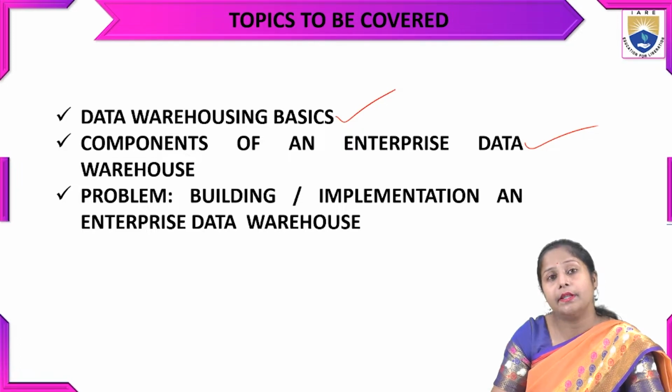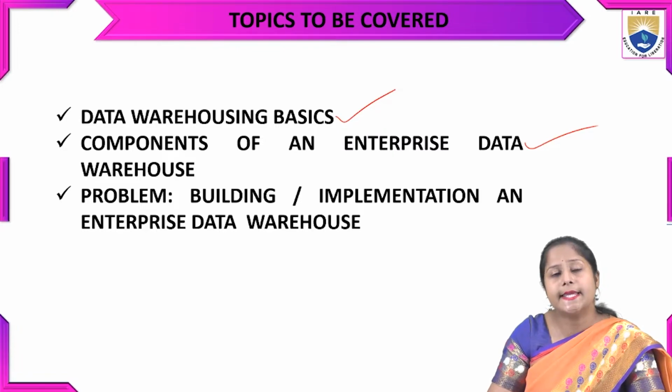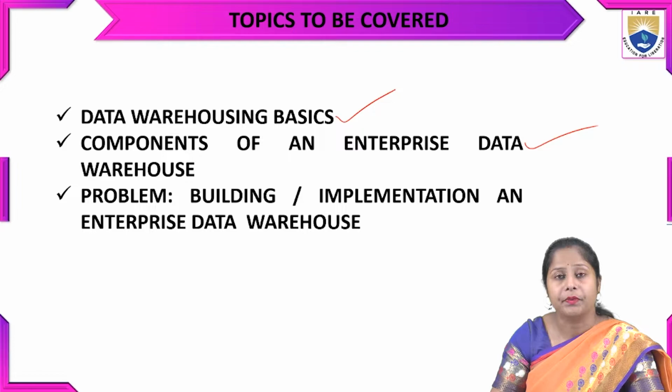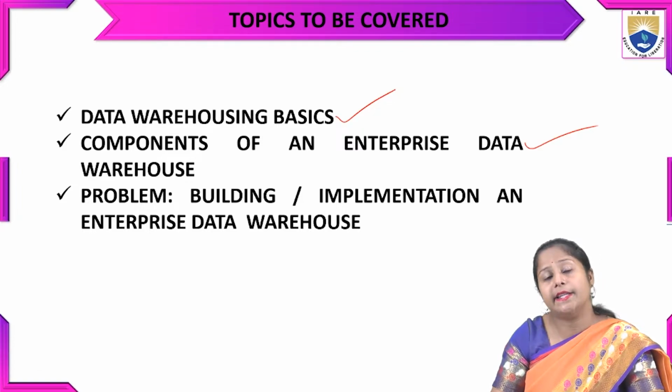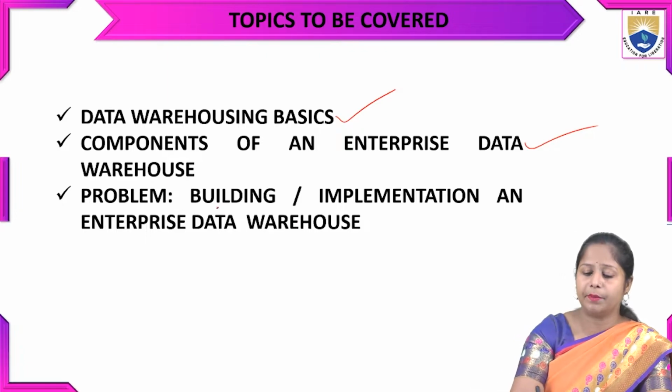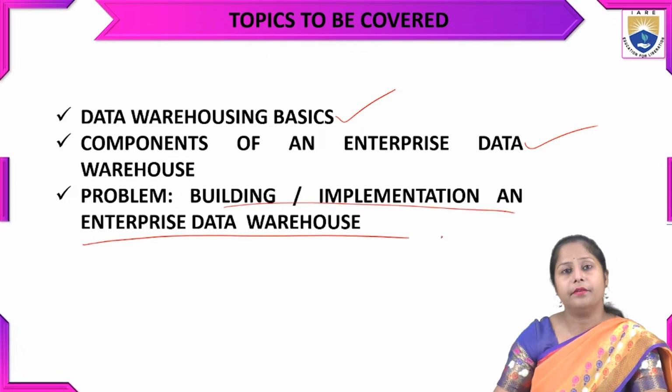That can be small scale or large scale. Some points can be missed in the broader view, but all the basic steps are followed here. Next I'll take the problem related to that, and tell how to build and implement an enterprise data warehouse.